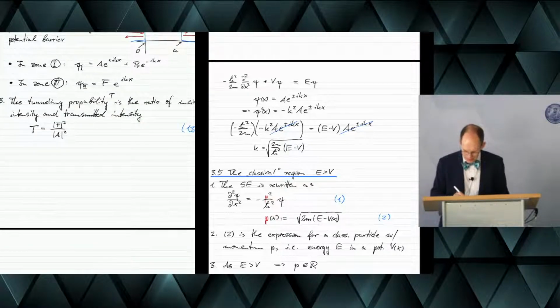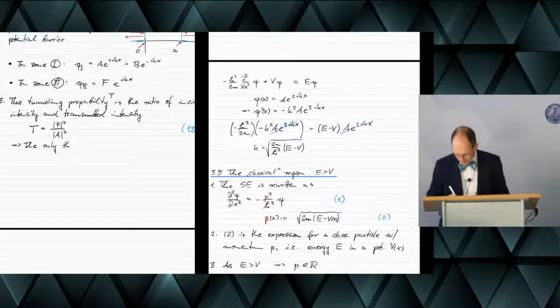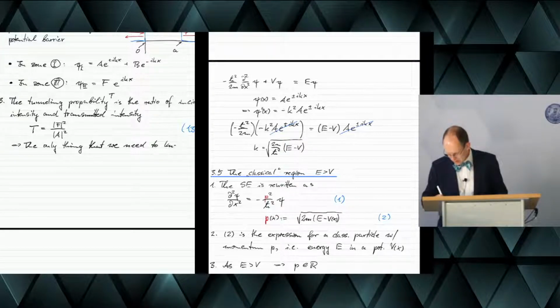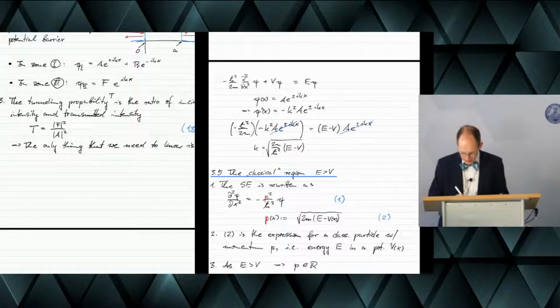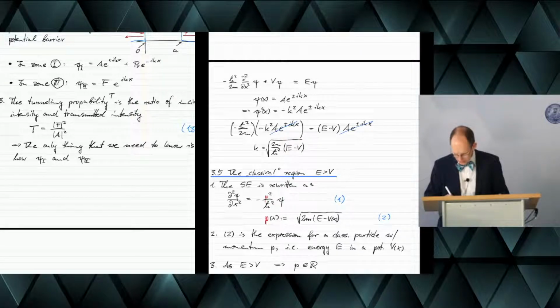So this means the only thing that we need to know is how psi 1 and psi 3 are connected.